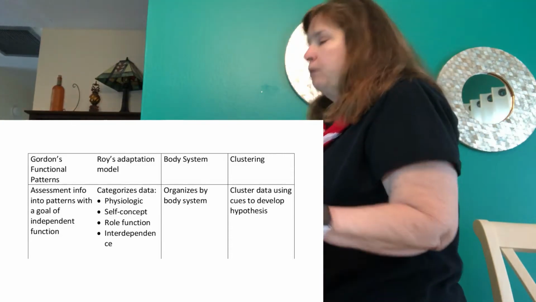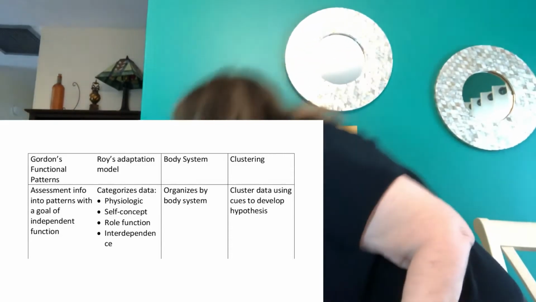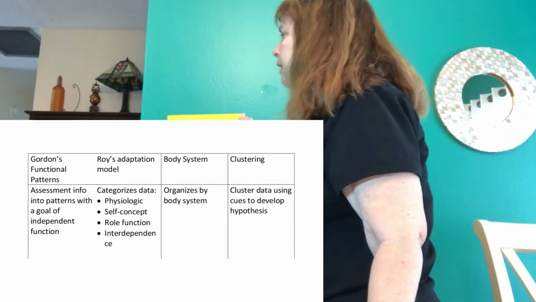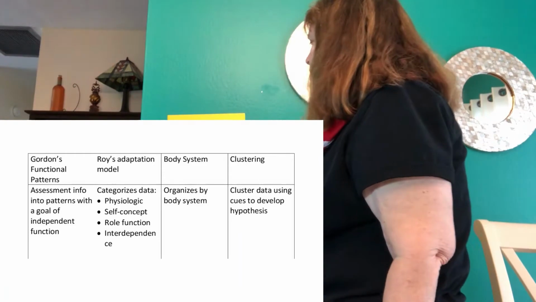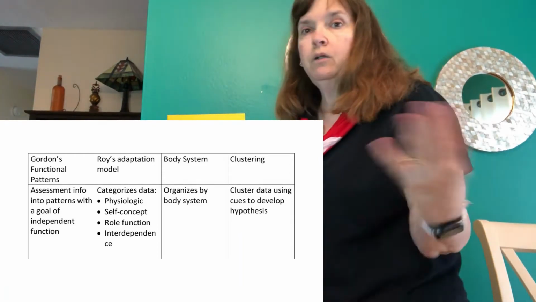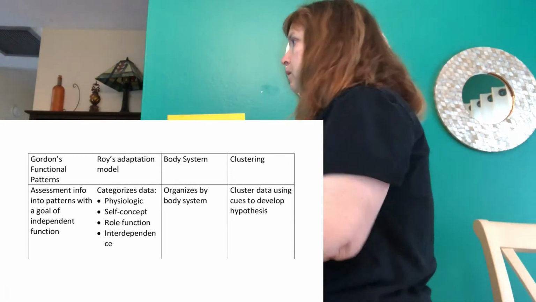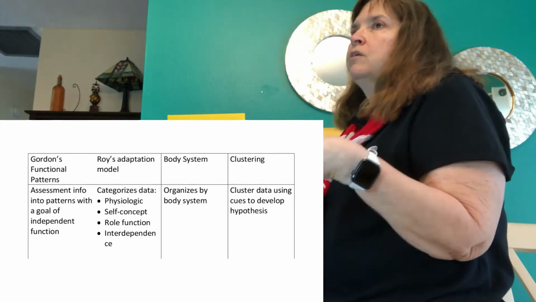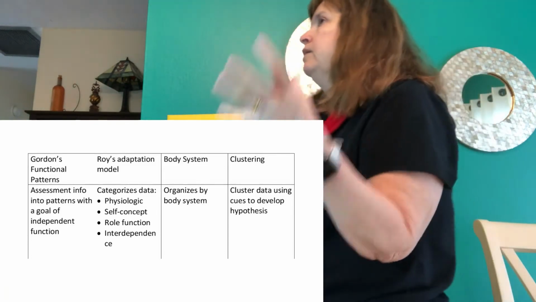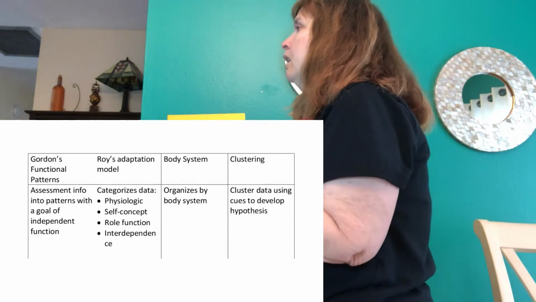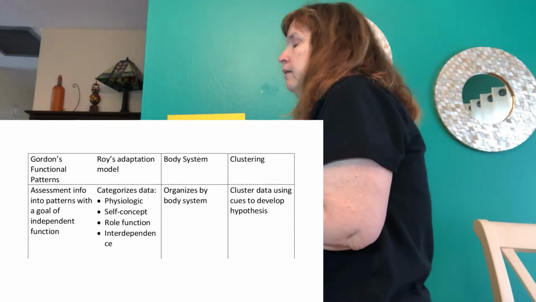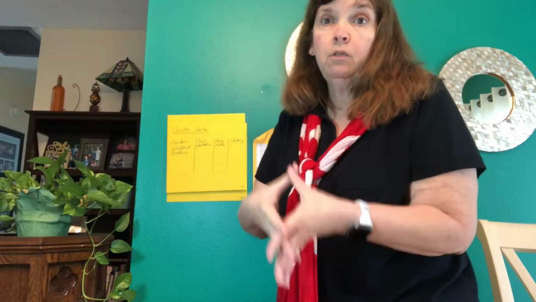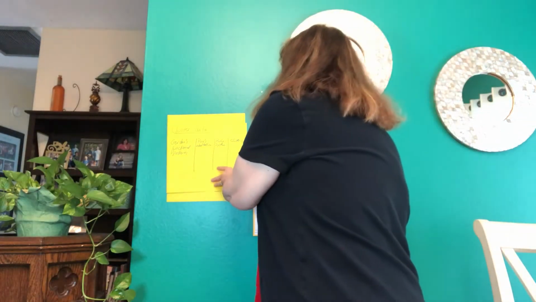Roy's adaptation model is a physiological model, so Roy categorizes the data in physiological methods. Body systems, so we look at different systems, nervous system, cardiac system, to cluster our data, or sometimes it's just clustering of data. So neuro changes and musculoskeletal changes might be clustered in one section.